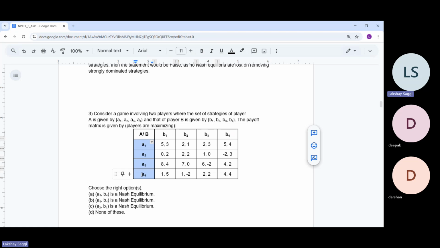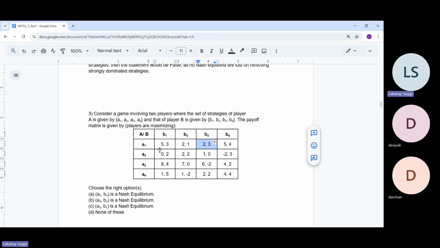Now what does this payoff matrix mean? If player A plays strategy A1 and player B plays strategy B3, then let's suppose we add this entry: the payoff for player 1 will be 2 and for player 2 will be 3. Like A will get 2 rupees, let's say, and B will get 3 rupees.